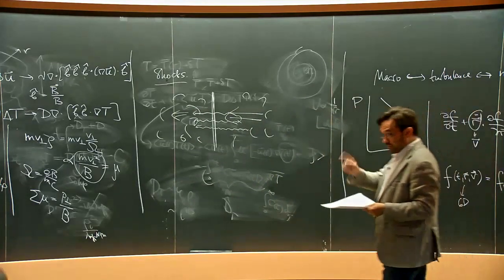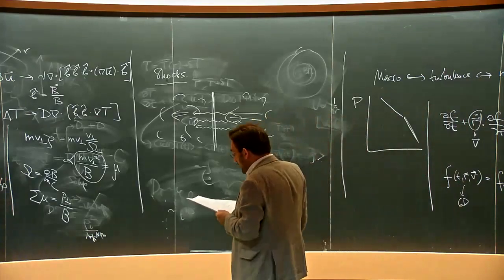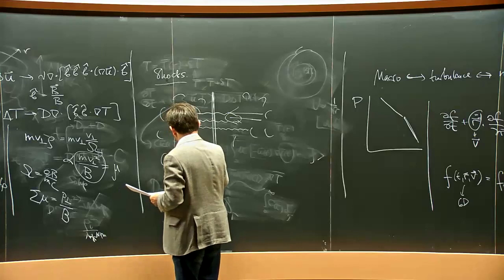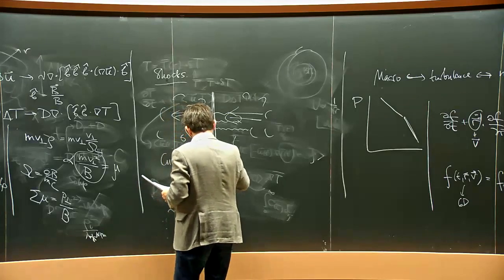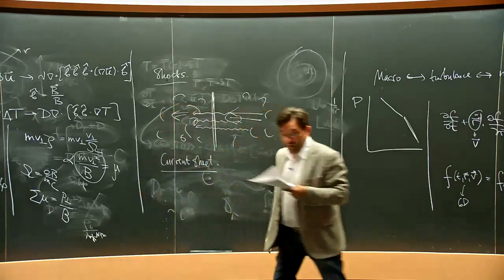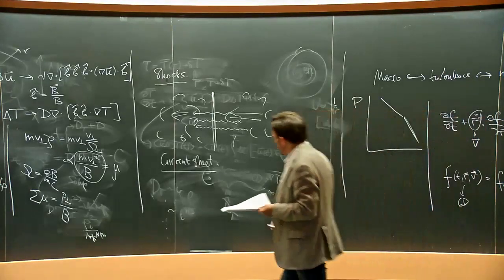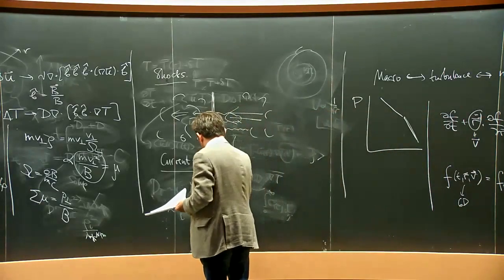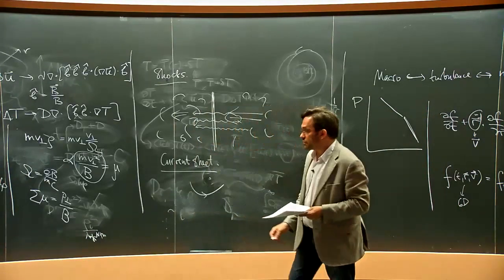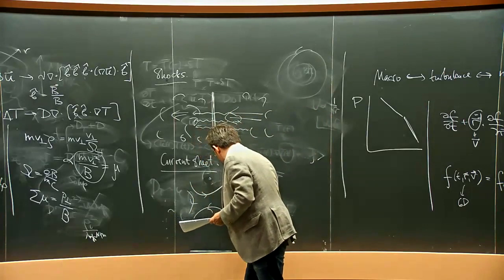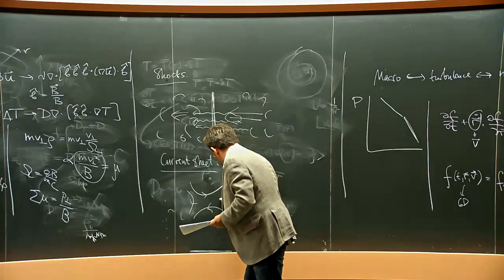Another, and that's my last example, is something called a current sheet. In magnetohydrodynamics, if you think about what a typical magnetic field configuration might be, there is a tendency for the magnetic field to produce X points like this.